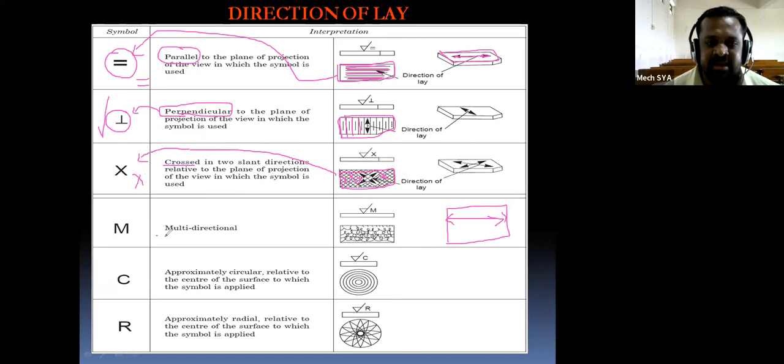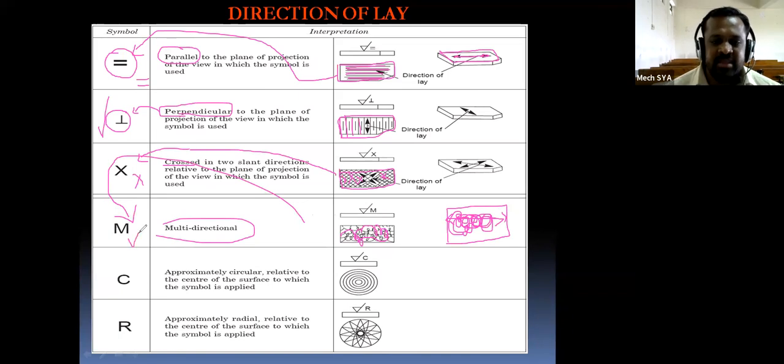Then multi-directional lay. On this surface, the irregularities are in multiple directions like this. If such a directional lay is there, it is called the multi-directional lay, and it is represented by M.